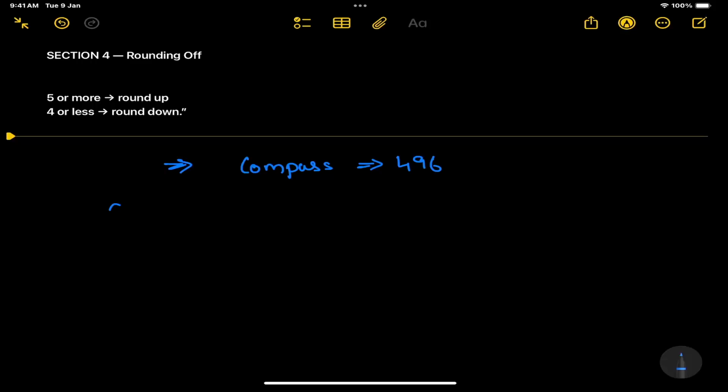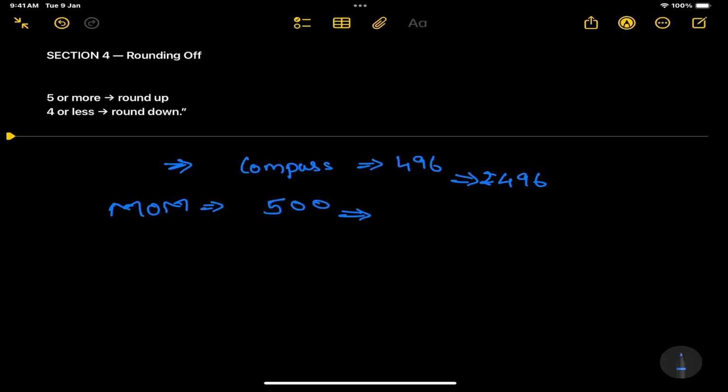You go to a shopkeeper and you want to buy this compass of 496 rupees, right? Now when you go to your mom and ask for this money, your mom will give you 500 rupees, right?